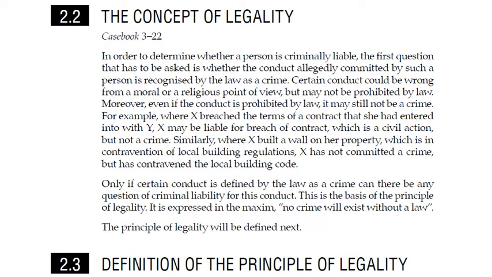Similarly, where X built a wall on her property which is in contravention of local building regulations, X has not committed a crime but has contravened the local building code. Only if certain conduct is defined by the law as a crime can there be any question of criminal liability for this conduct. This is the basis of the principle of legality.